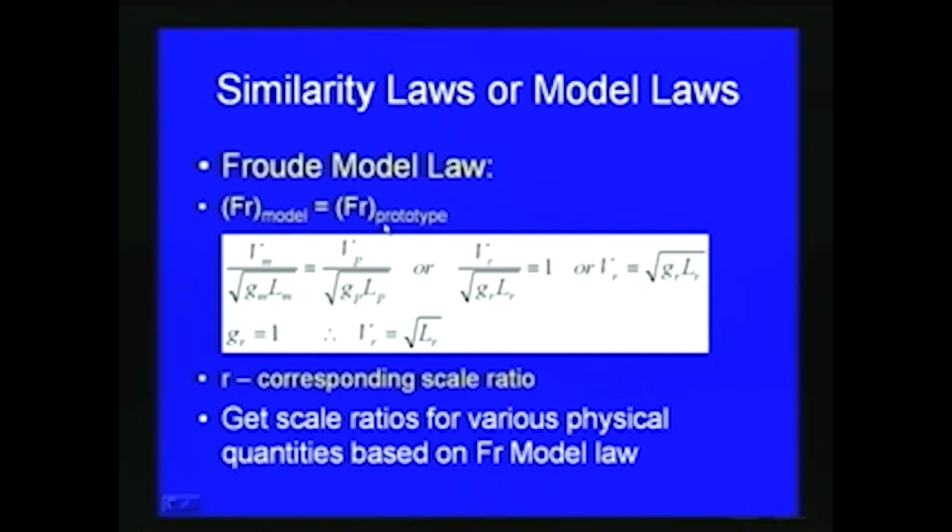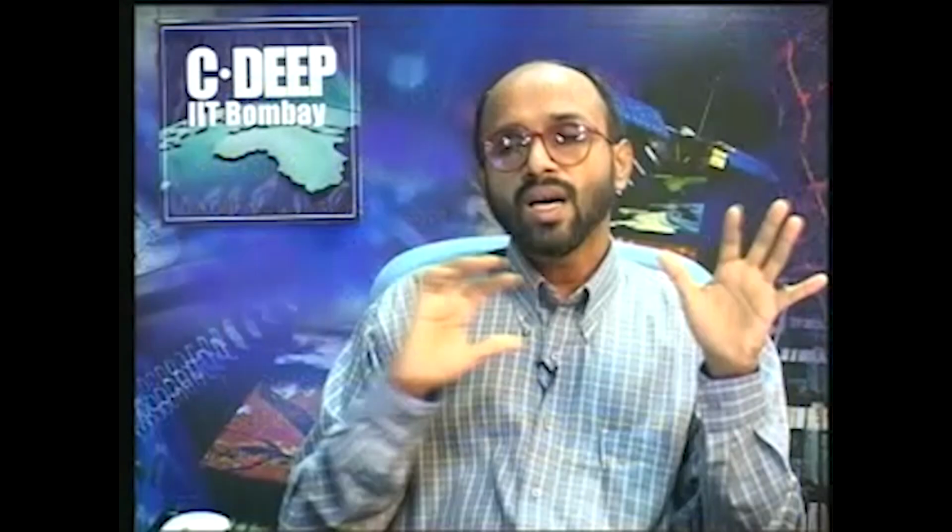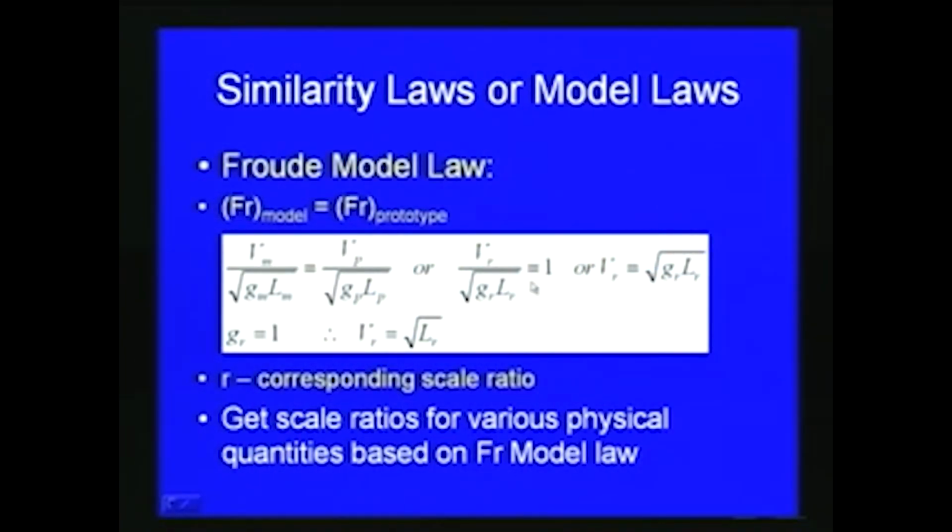In a very similar way as we have seen for the Reynolds model law, here also if we consider the ratio between the velocity, length and acceleration, we can write Vr by root of gr Lr, which will be equal to 1. So, the velocity ratio can be written as square root of Lr, where r stands for the corresponding scale ratio.